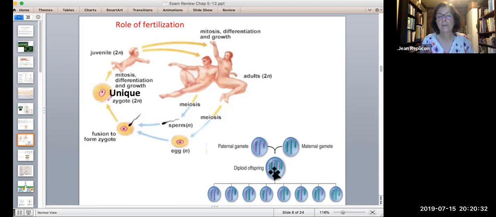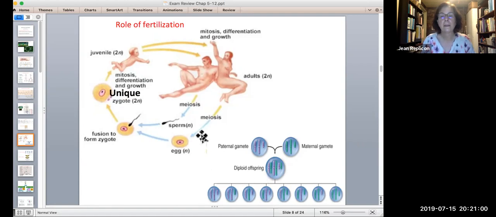Now, what is going to be passed on to the gametes of this individual? It's going to be 3. Which 3? It's random. Any of these could be the case. And so it's random how, in meiosis, the chromosomes line up, independent from each other chromosome, Mendel's law of segregation.